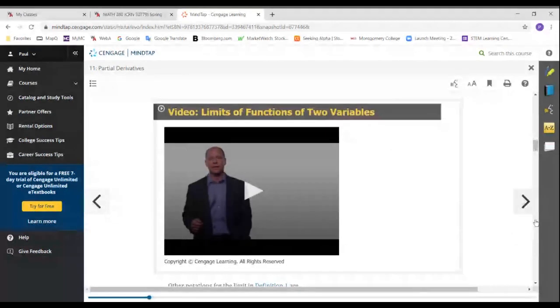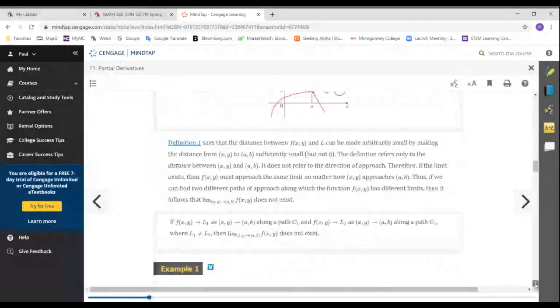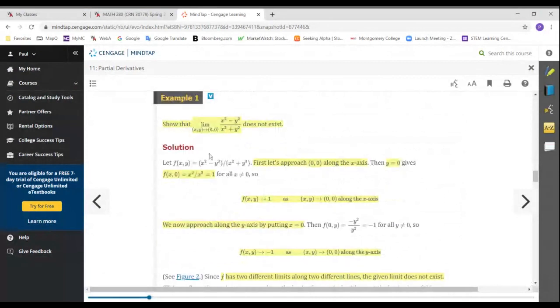For instance, this function. Got to be a little careful because at the origin there could be an issue, because the function's not defined at the origin. However, that doesn't mean in example 1 that the limit would not exist, because we know that functions can have limits at a point, but they're not defined at the point.